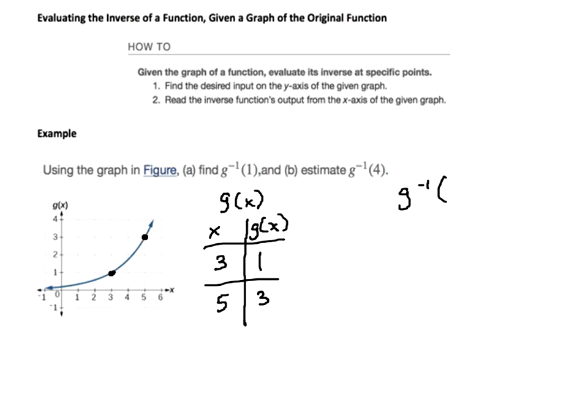So if I want to consider my g inverse of x, all I have to do is flip-flop my table. That's the point (1, 3), and this is the point (3, 5). And I can put it onto my graph.